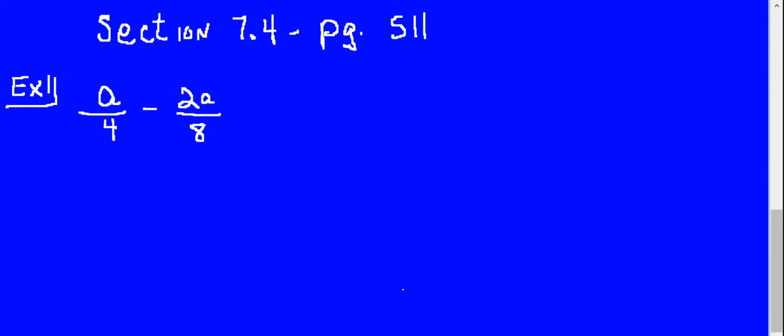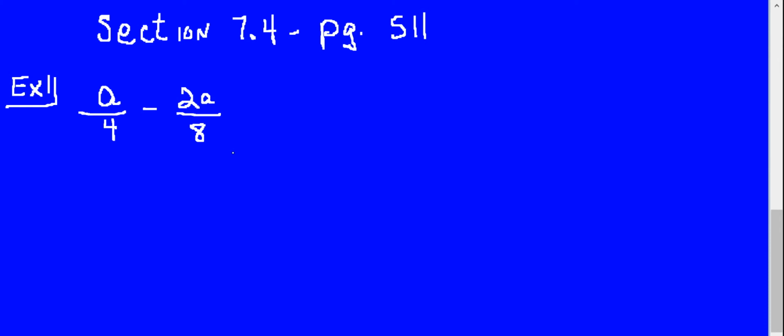We're moving on to section 7.4, where we are adding and subtracting rational expressions with different denominators, such as we have in example 1. I'm going to demonstrate the method one particular way.